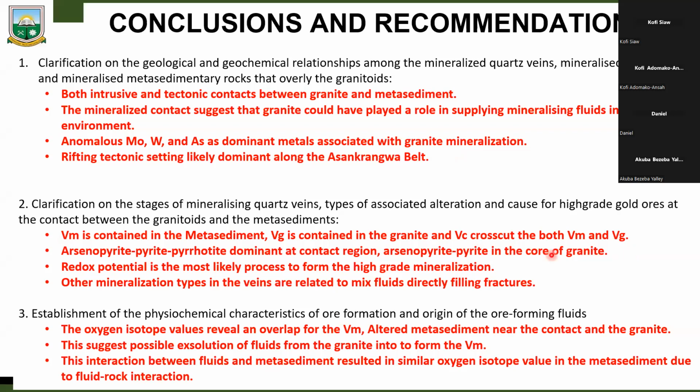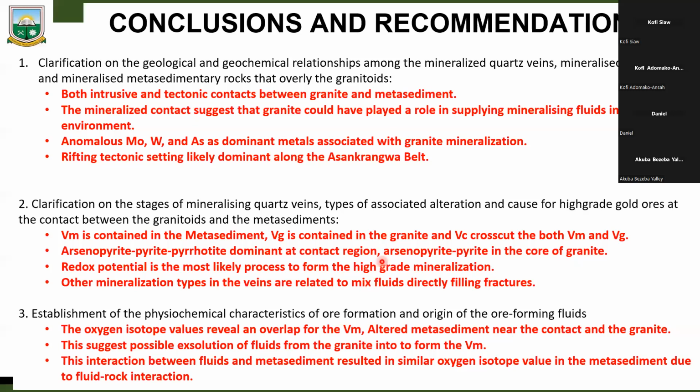Then the arsenopyrite-pyrrhotite relationship was dominant at the contact between the granites and the sediment, whereas arsenopyrite was dominant in the core. That also explains the difference in mineral association. I don't think this has been considered by many researchers on the deposit.